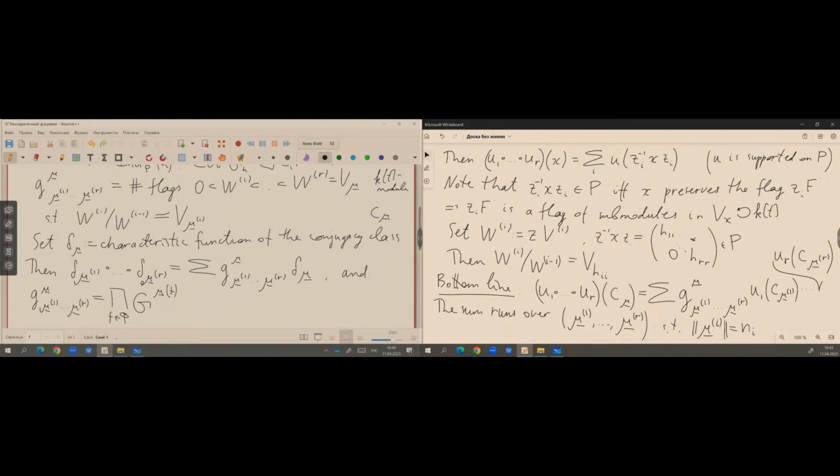Now this is just a partition, mu 1 of f, also a partition, and so on, mu r of f. Okay. So the structure constants in the Hall algebra only must specify the ring that we apply it to. And the ring is associated to this polynomial f.